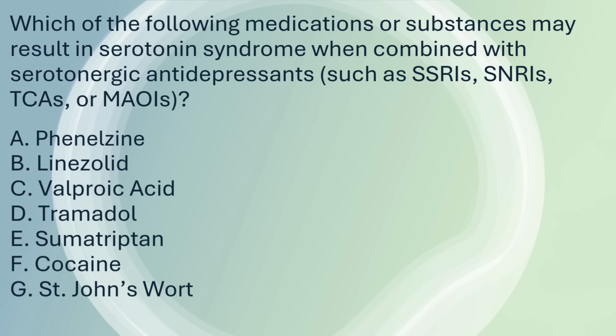Which of the following medications or substances may result in serotonin syndrome when combined with serotonergic antidepressants such as SSRIs, SNRIs, TCAs, or MAOIs? A. Phenelzine. B. Linezolid. C. Valproic acid.